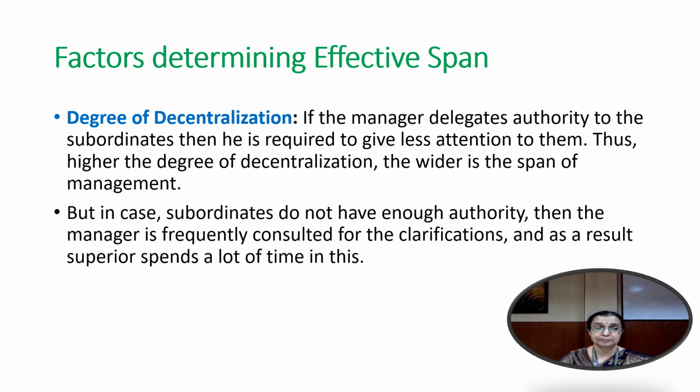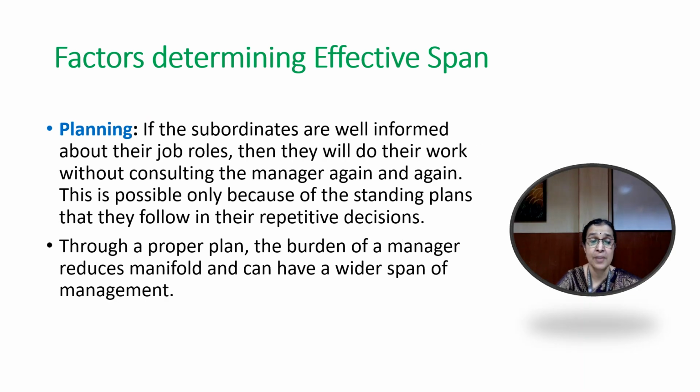Degree of decentralization: again, delegation is what we are talking about. Depending upon whether less attention or more attention is required by the subordinates, you can choose whether it is a narrow or a wider span of control. Then planning.